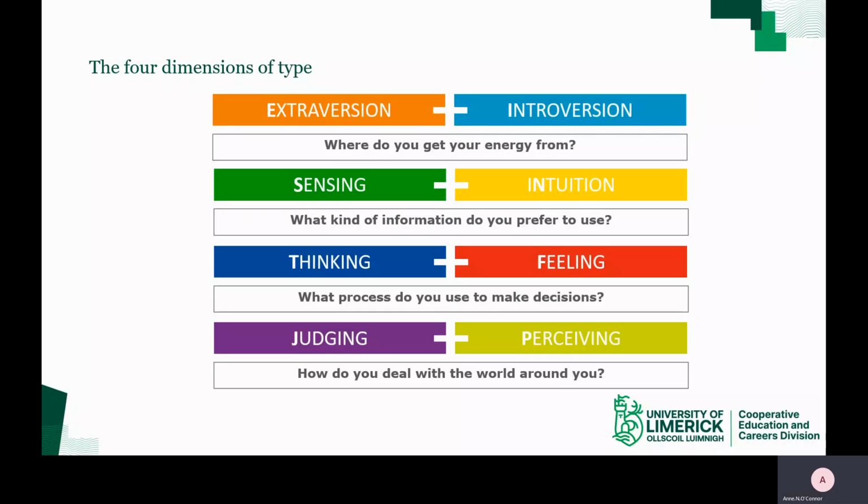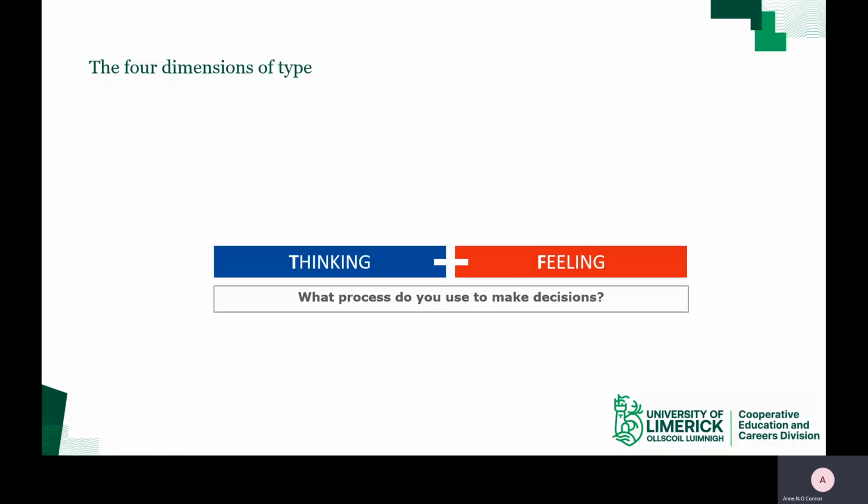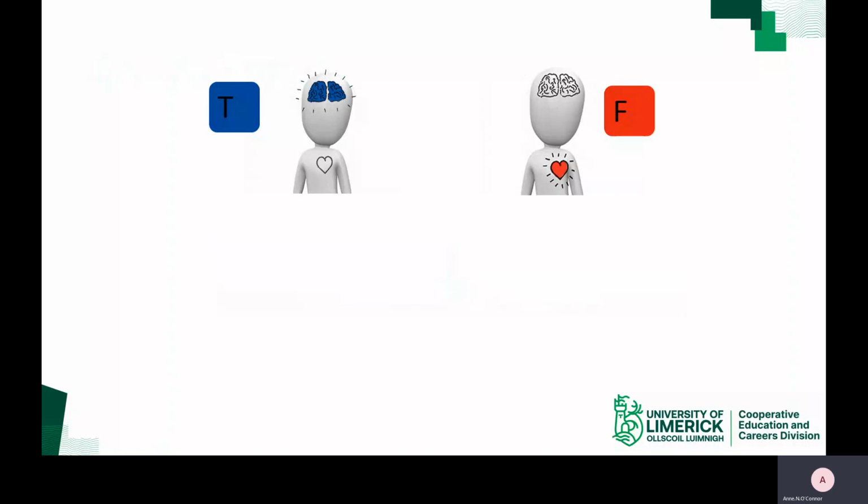So moving along again quickly, we're moving into a different preference called thinking and feeling, and it's what process do you use to make decisions? Is it very much the logic of the head, or are you led by your heart?